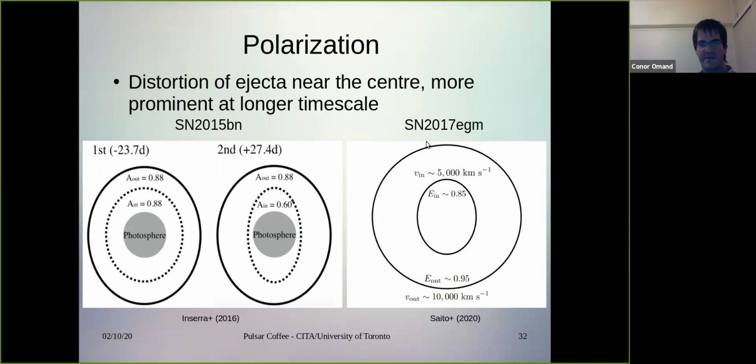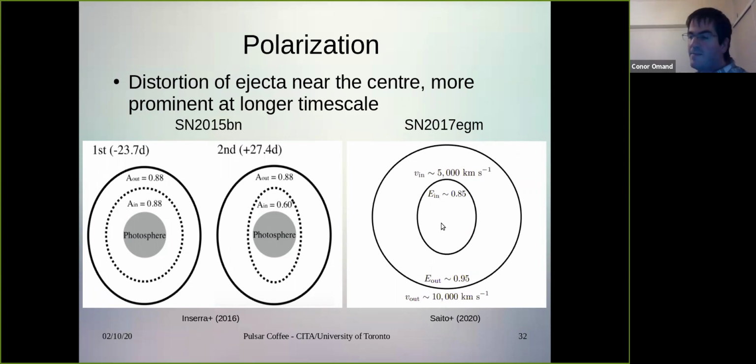And for 2017egm, we get kind of the same thing, not quite as drastic, but we go from axial ratio, this is axial ratio, if I didn't explain, from at the outside, it's 0.95, and the inside is 0.85. And this observation is done at about 6 months post-explosion.